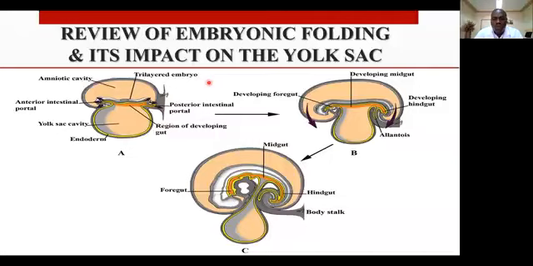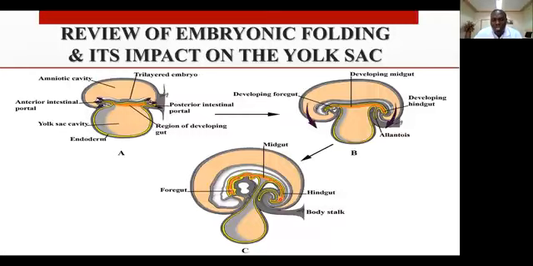We say that the embryo folds both in transverse as well as in longitudinal axis. When the embryo folds, the yolk sac is incorporated into the embryo. The part of the yolk sac that is incorporated into the embryo constitutes what we call the primordial gut. As you can see in this image, this is the primordial gut.